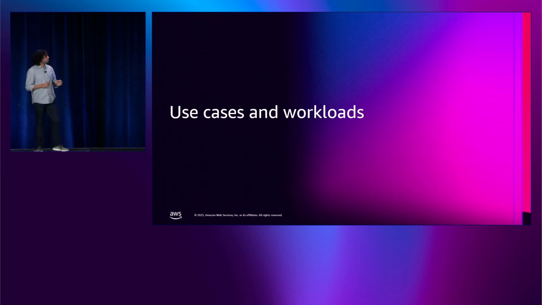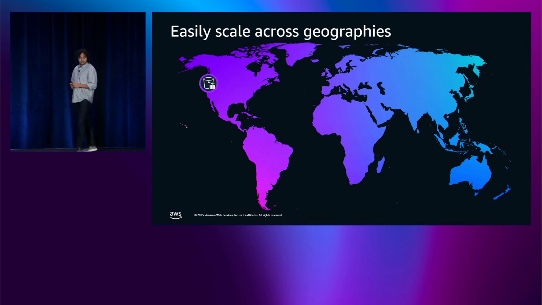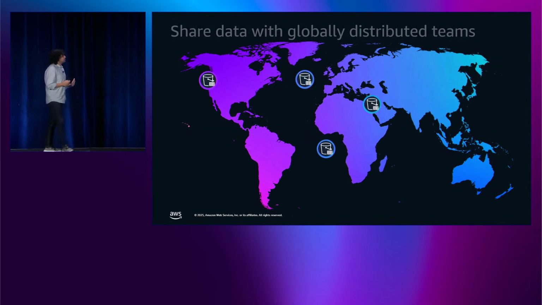With that, I want to briefly touch upon some of the use cases and where you would use these capabilities. Okay, so let's look at a very common scenario, right? Let's say you are a financial services company and your data lake is in EU West 1, and this is where all of your transaction data lands. Now, let's say a few years down the line, you've started to now scale globally.